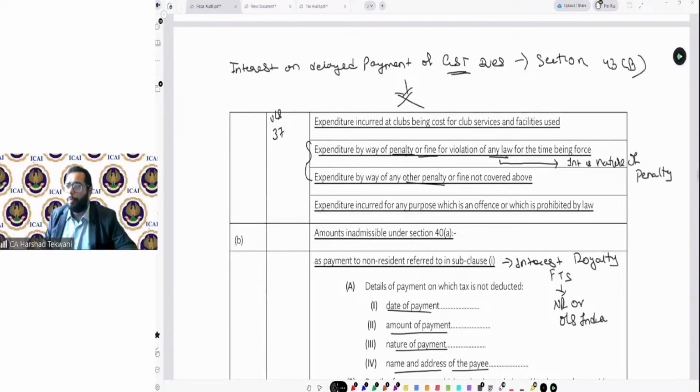So if you are referring, you need to refer accordingly. Okay. Any doubt till now? Any doubt?